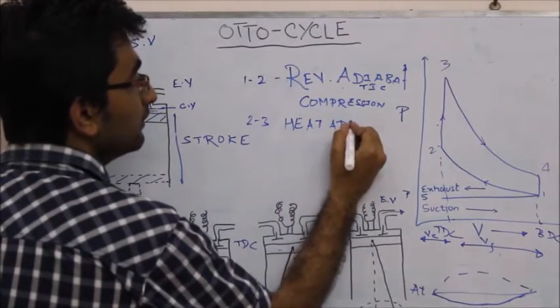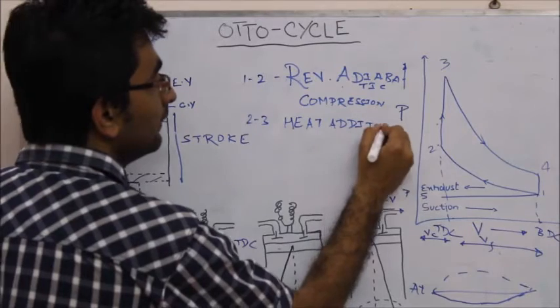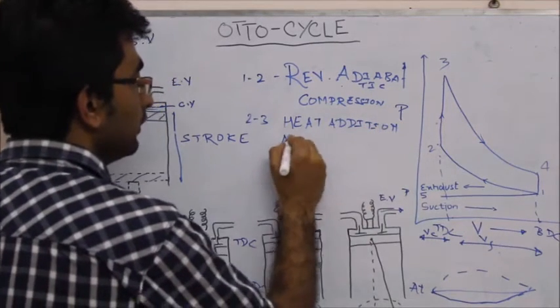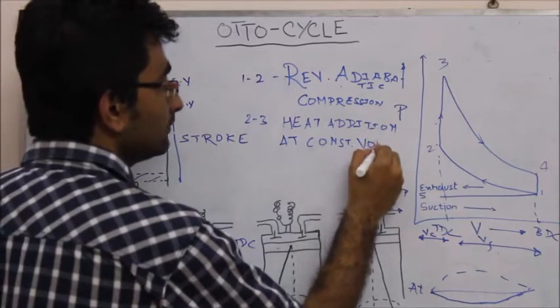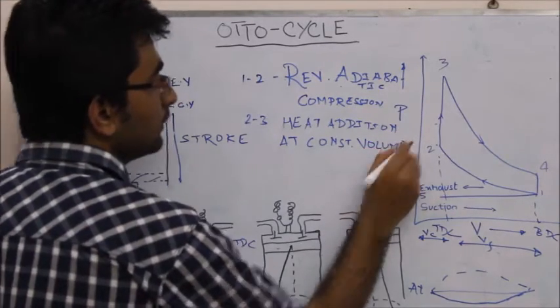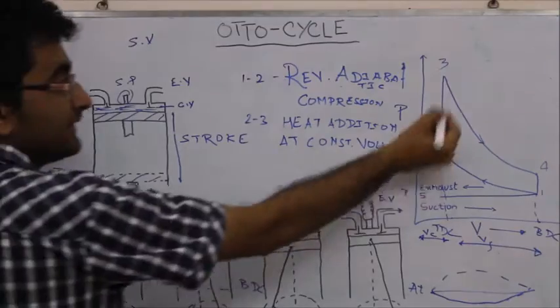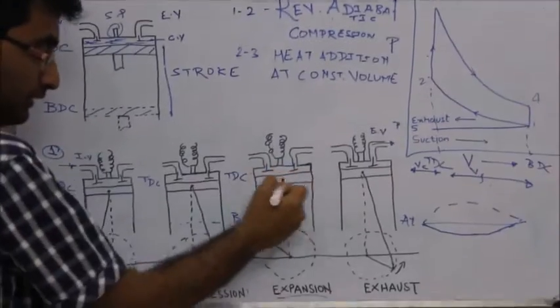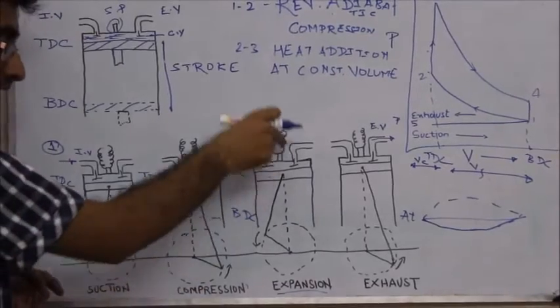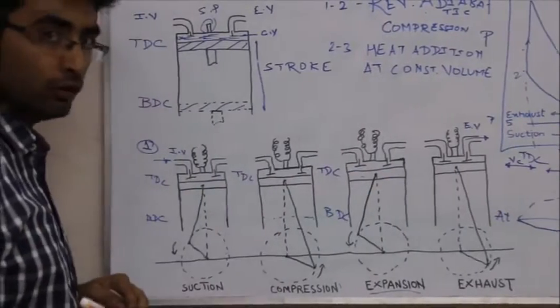Heat addition at constant volume. So the mixture is ignited till 3. Heat is added, and there is an increase in the pressure. This pressure forces the piston to move downward.